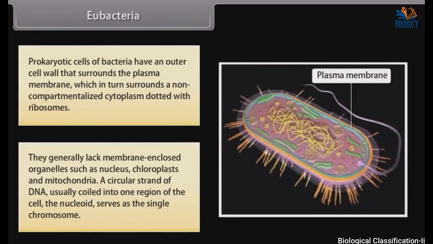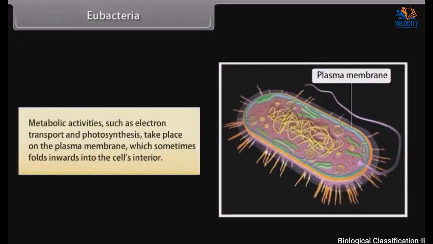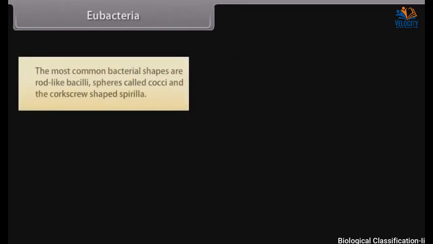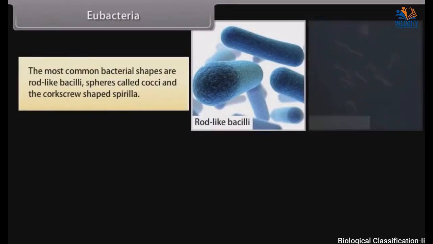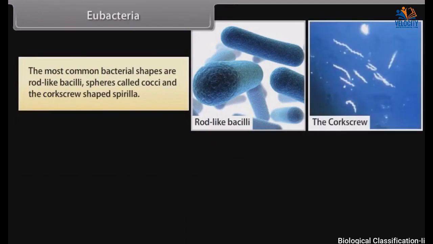A circular strand of DNA, usually coiled into one region of the cell, the nucleoid, serves as the single chromosome. Metabolic activities such as electron transport and photosynthesis take place on the plasma membrane, which sometimes folds inwards into the cell's interior. The most common bacterial shapes are rod-like bacilli, spheres called cocci, and the corkscrew-shaped spirilla.